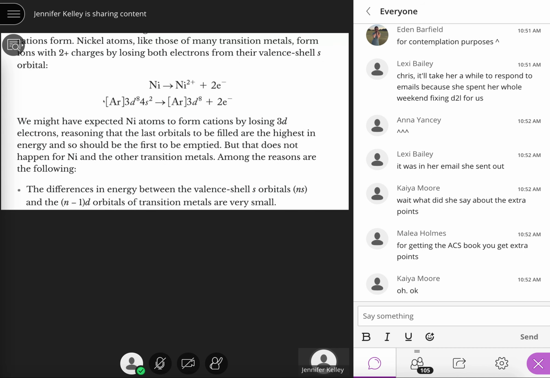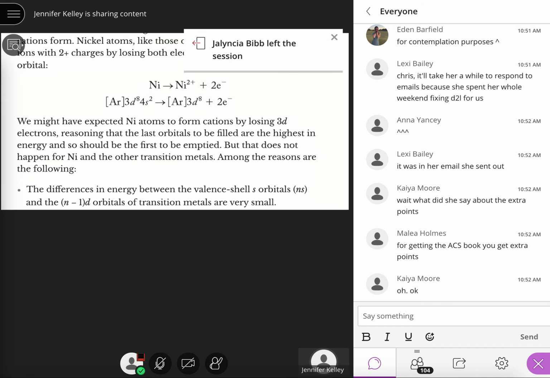So, for example, nickel's electron configuration is argon 3d8 4s2. Nickel can make a 2+ ion. They're called transition metals because they have different ions that they make, not just a single one. For example, iron can be +2 or +3. So they can transition from one ion to another. That's why they're called transition metals.